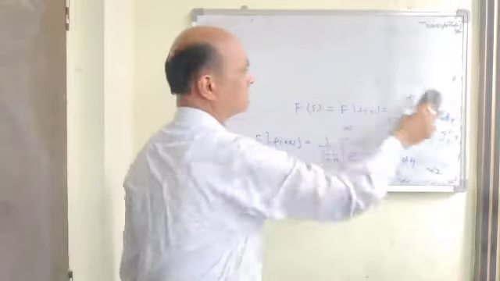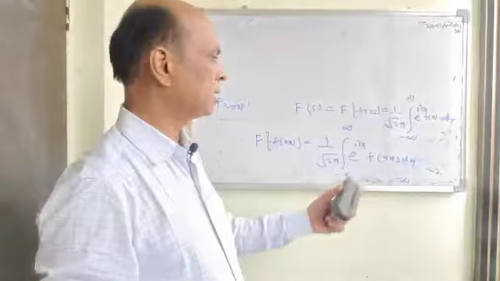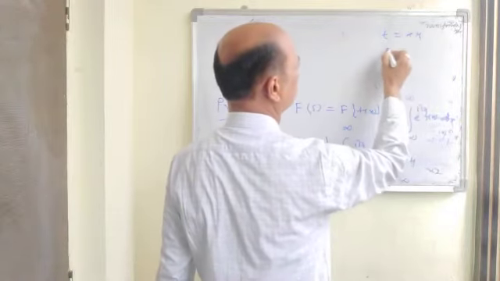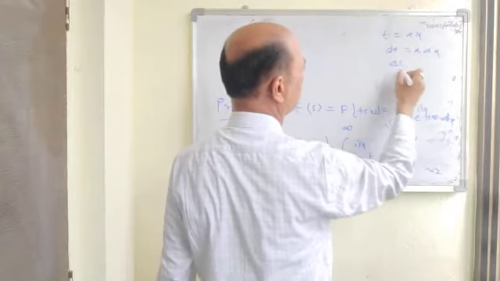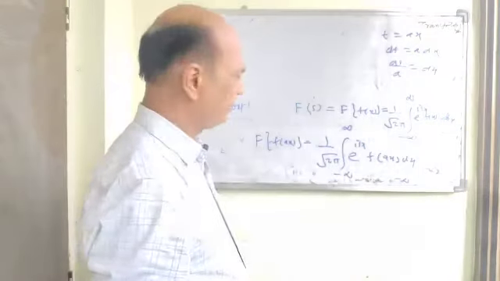Now let us make a substitution: suppose we put t equal to ax, that is dt equal to a dx. It means dt by a is equal to dx, and the limits will not change.